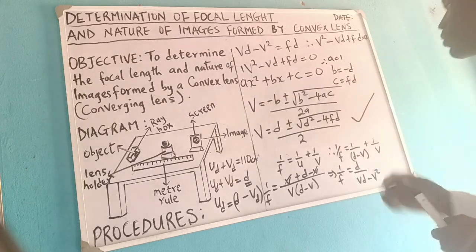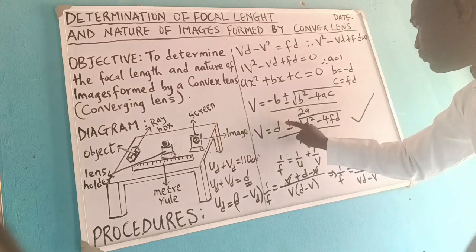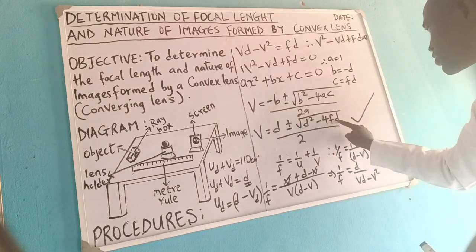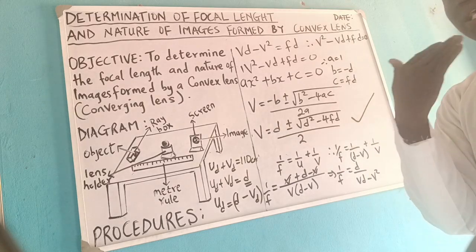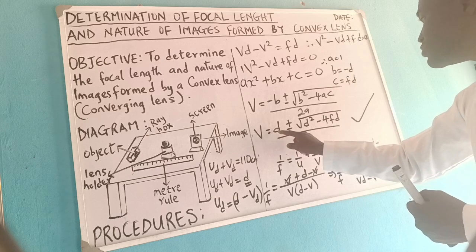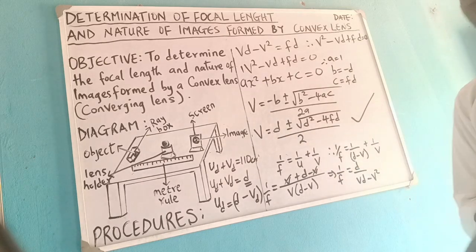You have this formula. That means when you use the formula d plus this all over 2, you are trying to get a magnified image. And when you get d minus this all over 2, you are getting a diminished image.